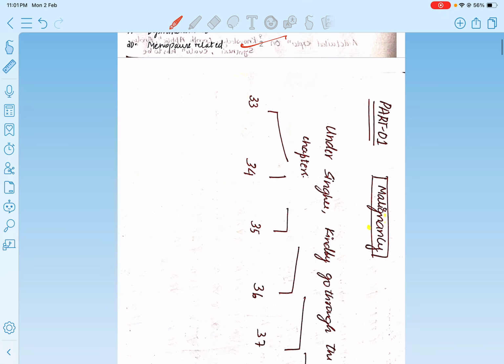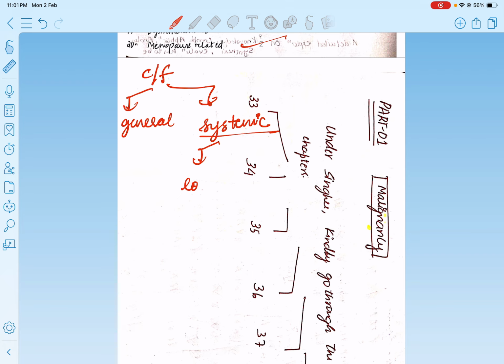So this is how it goes. Whenever you are talking about malignancy, while writing clinical features, make sure you write general and systemic. Then write local, and pressure symptoms, and due to metastasis. For local symptoms, you'll write accordingly, for example hydronephrosis.